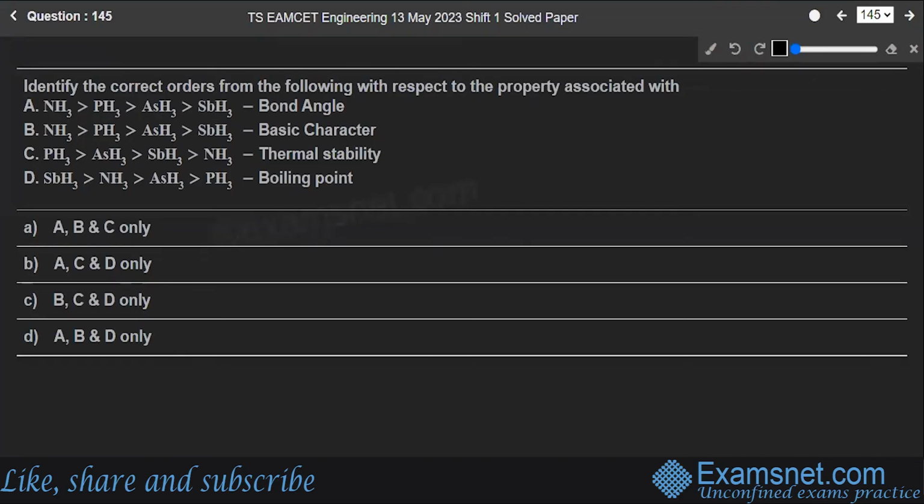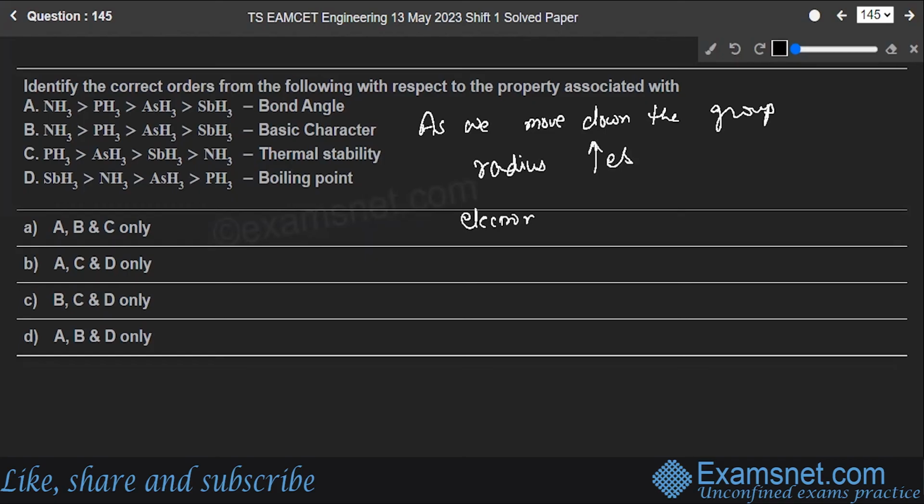As we move down the group, the radius of the element increases, and with that electronegativity decreases.